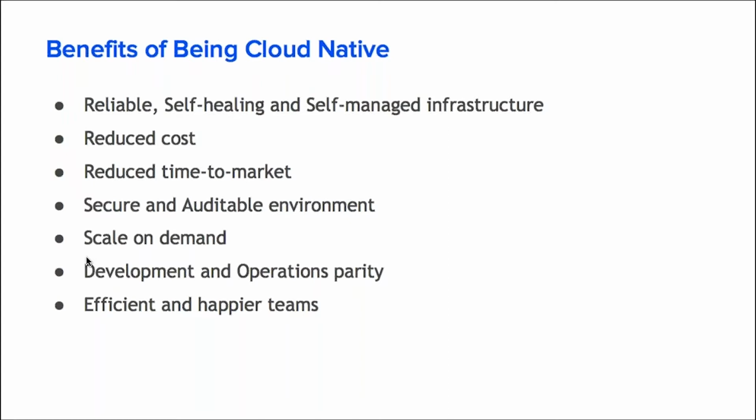So there's a parity between the different teams in how we can deploy the application and then use it. We get efficient and happier teams at the end of that. So why should we go towards cloud native? I think one of the biggest benefits you get is your team becomes very efficient. They don't need to do manual tasks again and again because of the automation. It happens on its own.